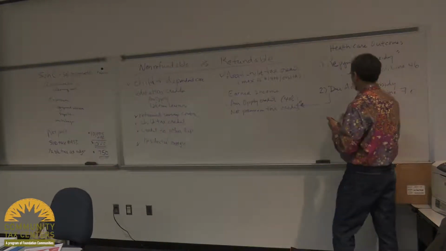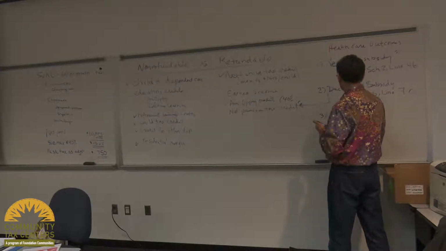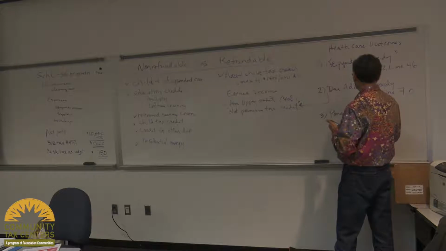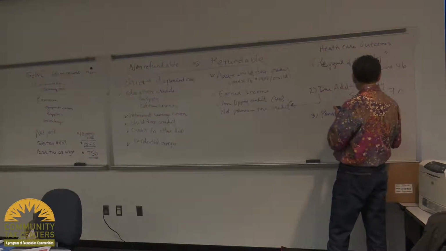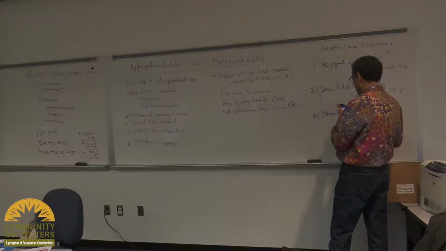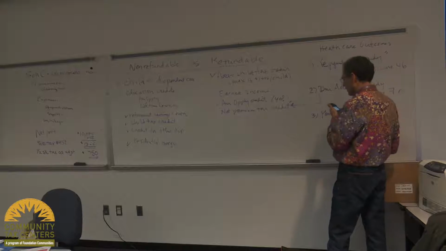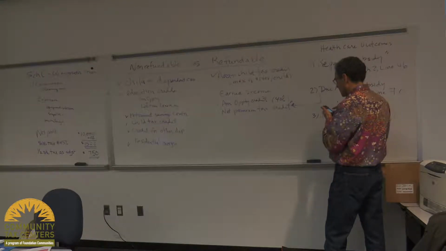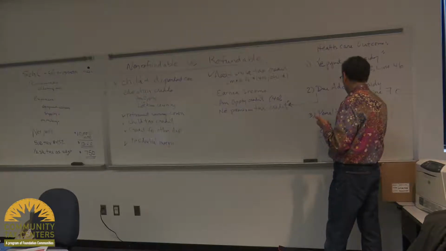And if they were to have a penalty for no insurance, then that one is on Schedule 4, line 61, and it's called shared responsibility payment. Isn't this crazy? I mean, look at all this.